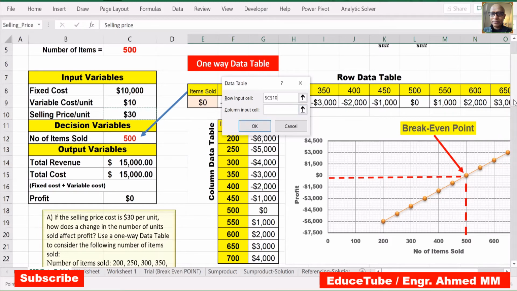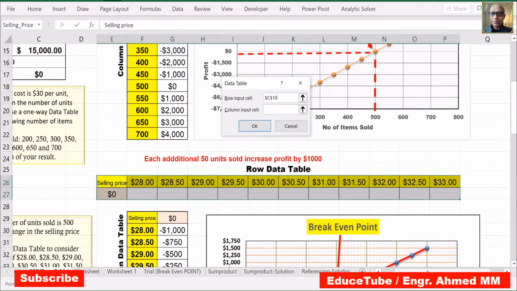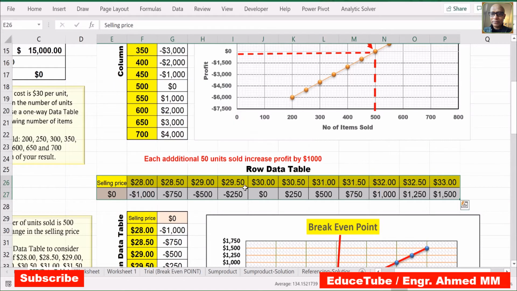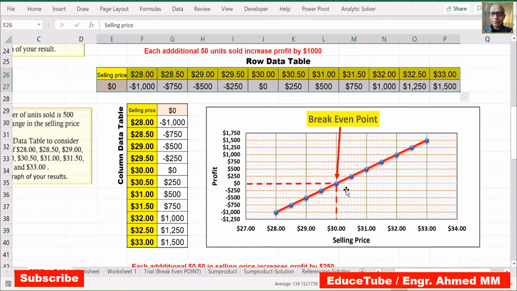Now I am going there again to see how the values are changing. So this will be generated, so press OK. See, it is generated, row, it is generated.